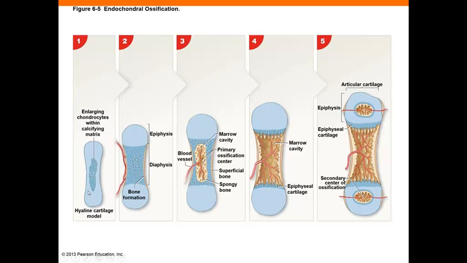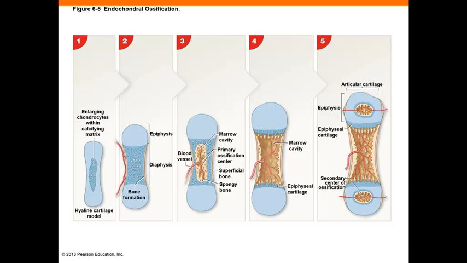When this calcification begins, it's going to close off those chondrocytes from nutrients, and they can die. So bone formation will start at the shaft surface. You can see right here, bone formation will start at the shaft surface, and blood vessels will invade the perichondrium. New osteoblasts will produce the bony matrix.